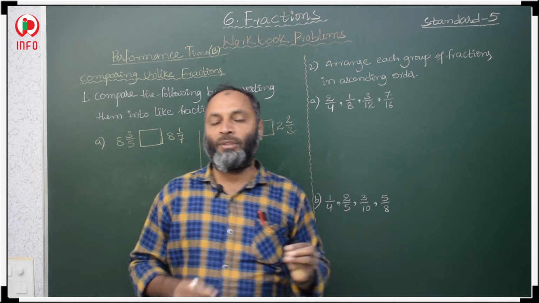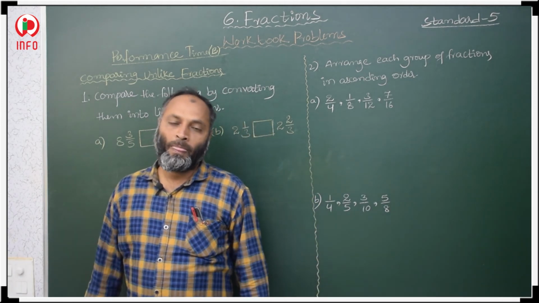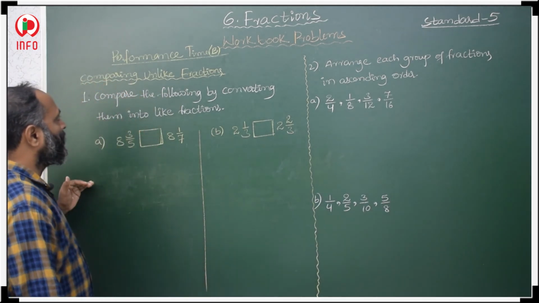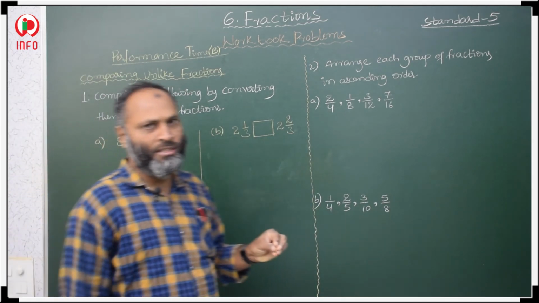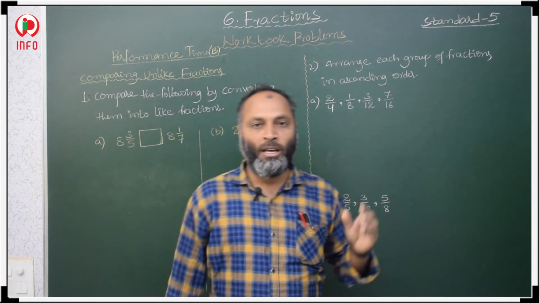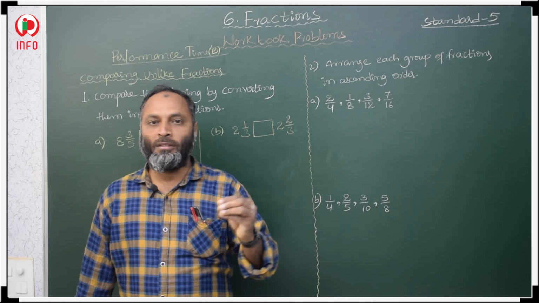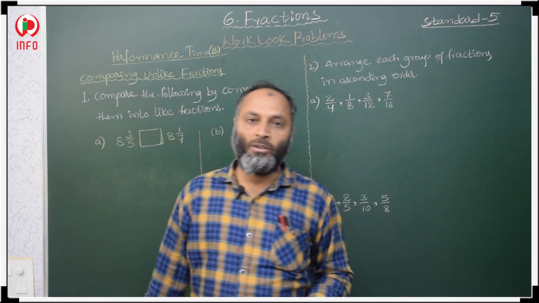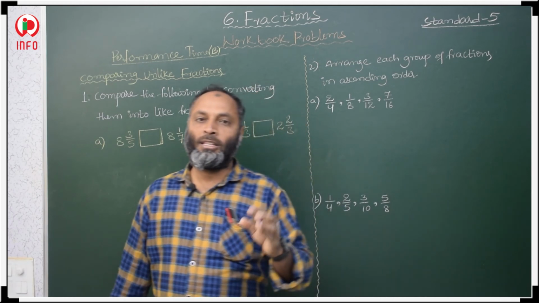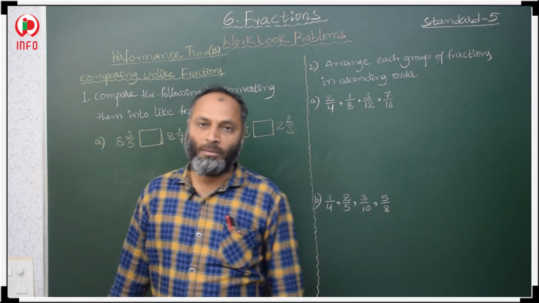All this we did in performance time A. Now in performance time B, we are going to do unlike fractions: how to compare, add and subtract unlike fractions, and how to arrange them in ascending and descending order.